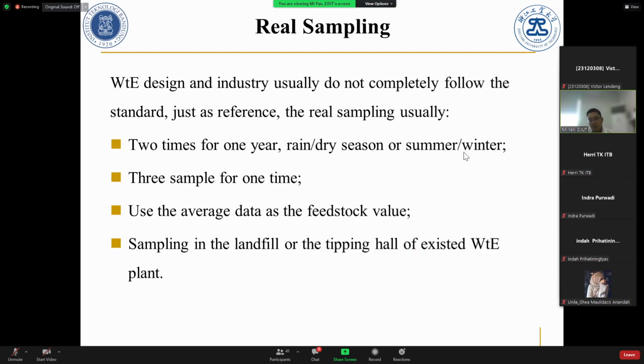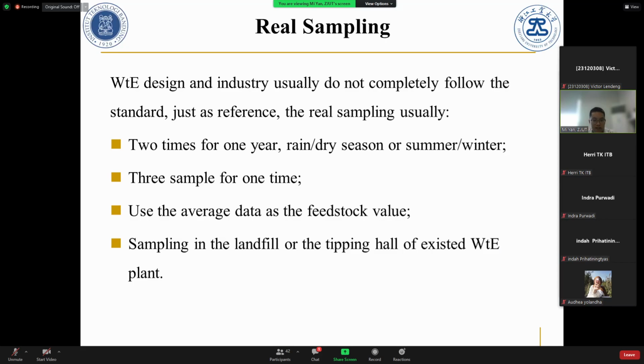Given the season, we sample 1 time, so 2 times in 1 year, but we take 3 samples for one average. So we use the average data as the feedstock values.